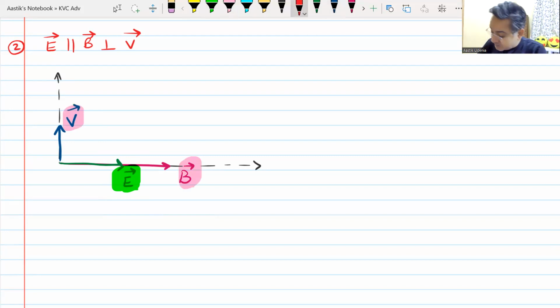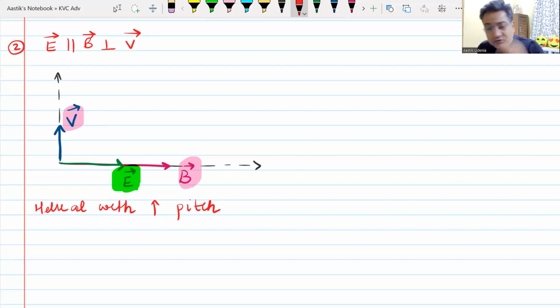So the motion of this particle will be helical with increasing pitch, which will be increasing because its x component of velocity will keep on increasing. Because of the perpendicular component of velocity, it will be moving in circles. So the trajectory would be helical with increasing pitch.